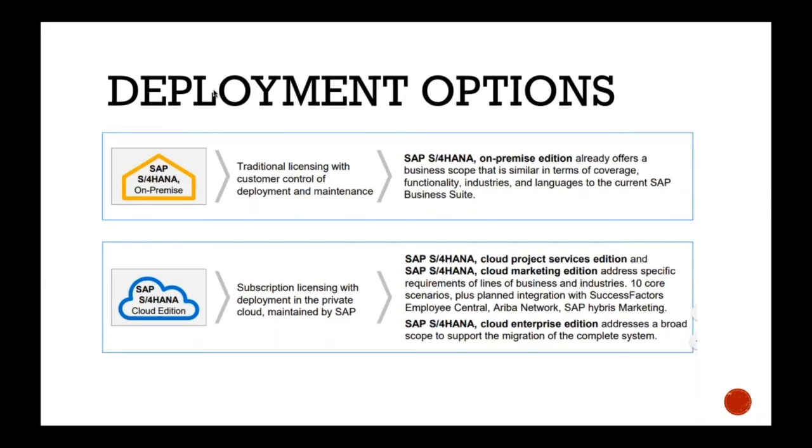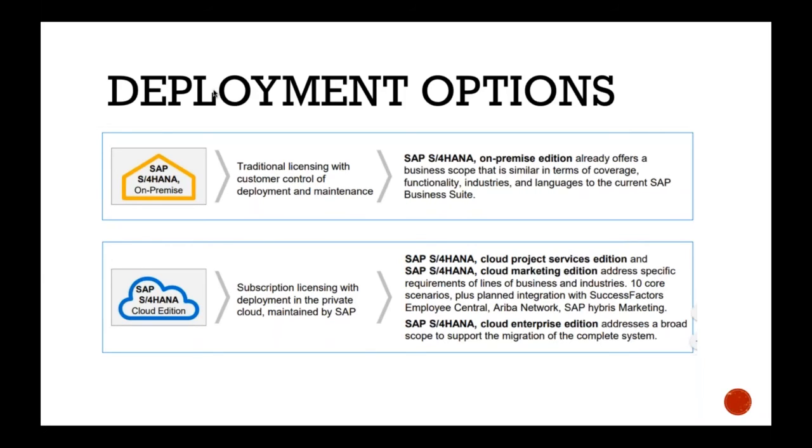When you are going for cloud, since SAP is providing you software and also hardware, the software that you will be using will always be the latest one. Just to give you an example, let's say you are implementing SAP today, and the latest version available is 1809.